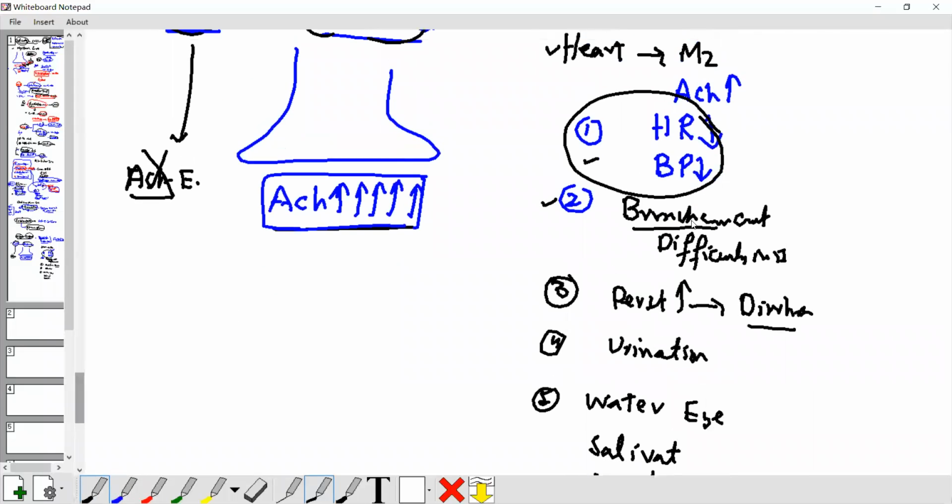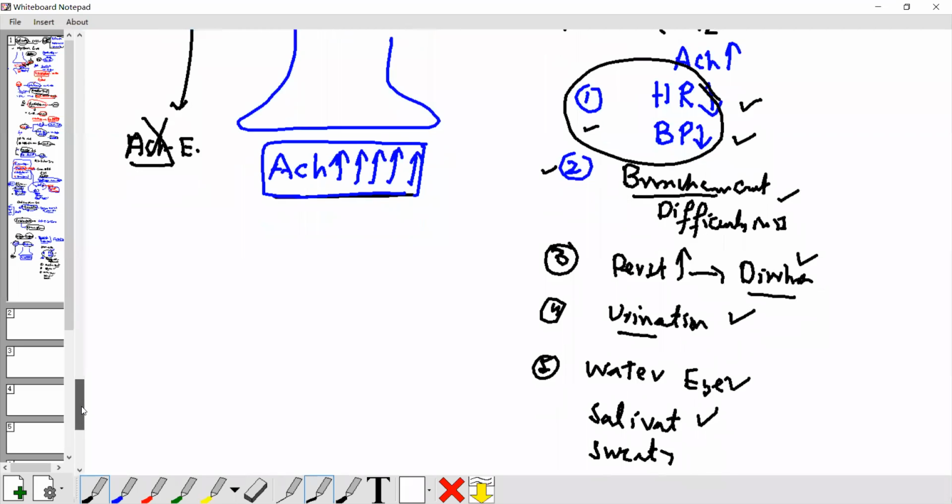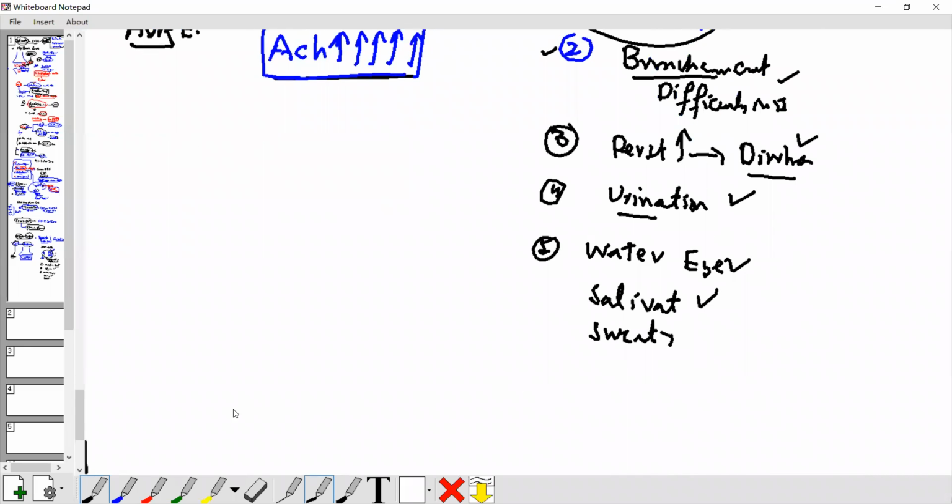The effects of organophosphate in our body: heart rate decrease, blood pressure decrease, bronchoconstriction, difficulty in breathing, diarrhea, increased urination, watering eye, salivation, sweating.